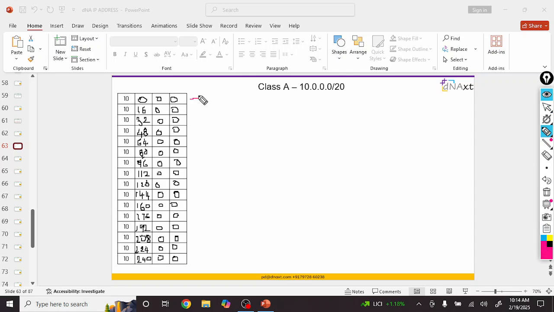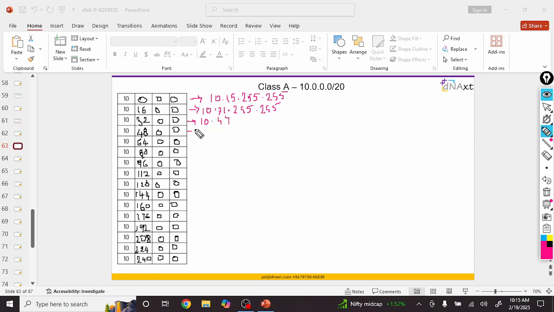Now let's write down their broadcast IDs as we have discussed. It will be 10 dot the previous number, 15.255.255, as the third and fourth octets are purely host octets. Here it will be 10.31.255.255. For this it will be 10.47.255.255.